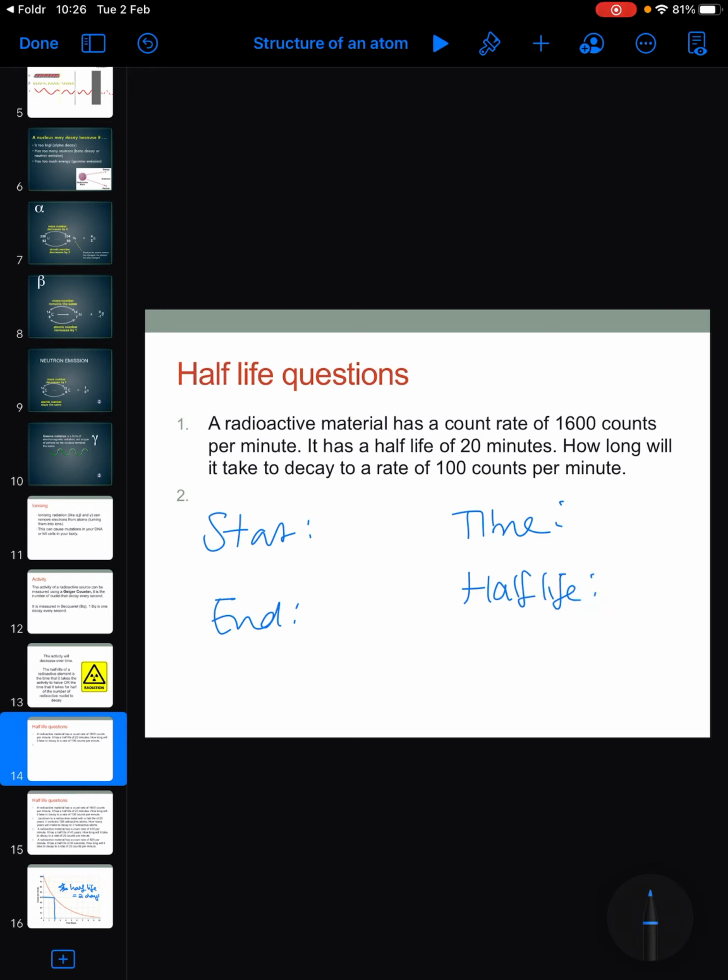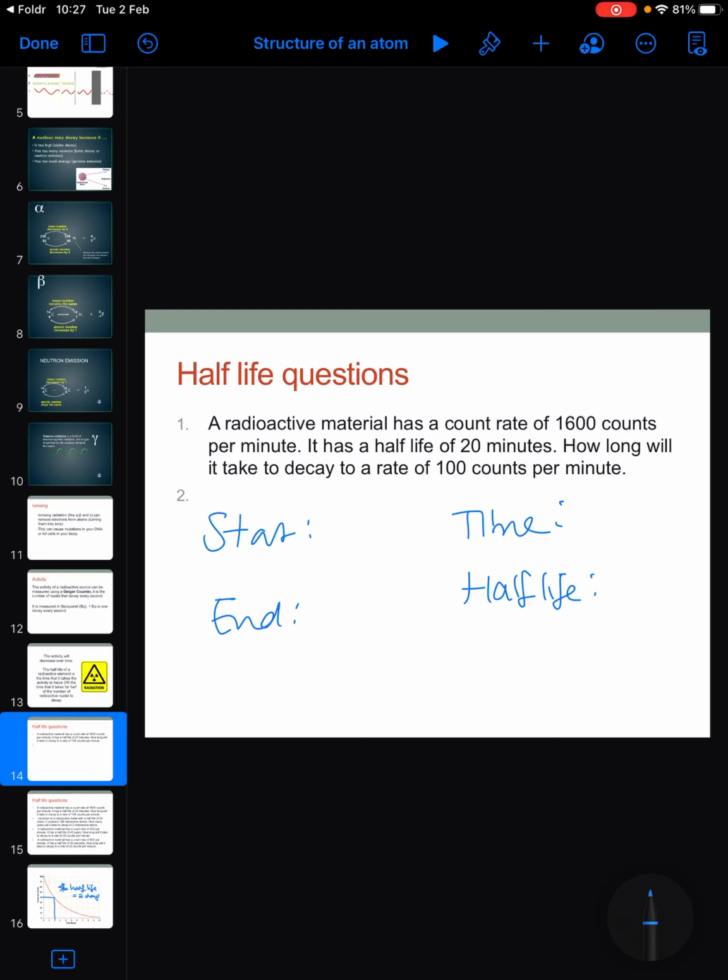By that I mean, if you are given an activity or a count rate, what does it start at? What does it end at? You might be given both of those in a question. What is the time that has passed for the count rate to decrease, and what is the half-life? Now in a question you will be given 3 of those 4 pieces of information, and it's your job obviously to find the 4th.